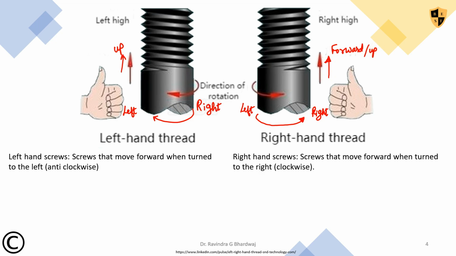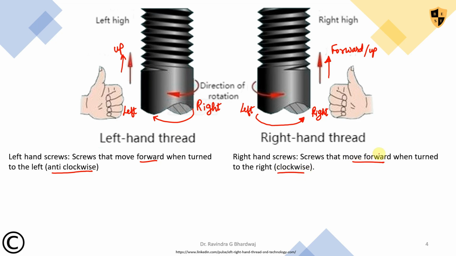So in a left-handed screw, when it rotates anti-clockwise, it moves forward, while in a right-handed screw, when it rotates clockwise, it moves forward.